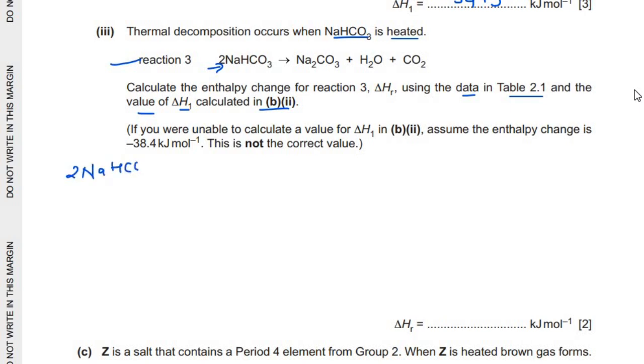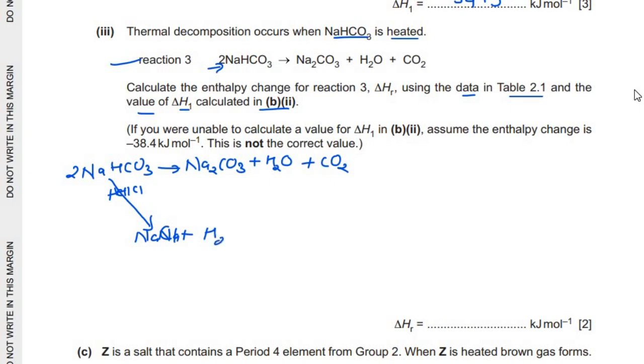If we write the reaction like this, it gives Na2CO3 plus H2O plus CO2. Now we have already seen that there is a cycle where, on reaction with HCl, it produces sodium chloride, water and carbon dioxide. Those are the products it forms when it reacts with hydrochloric acid.